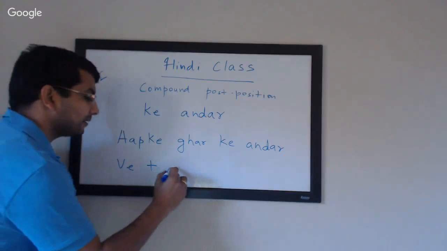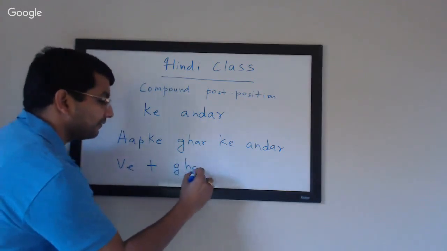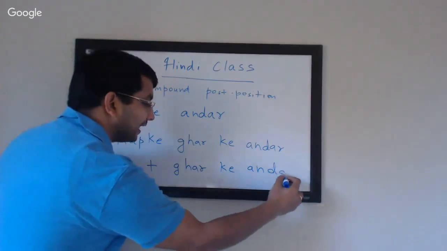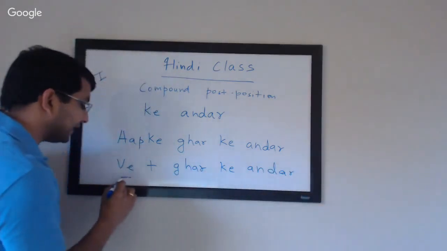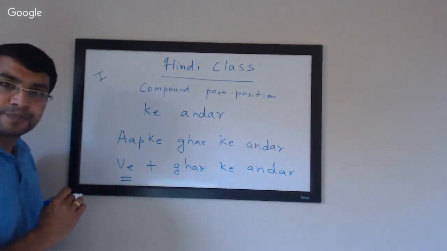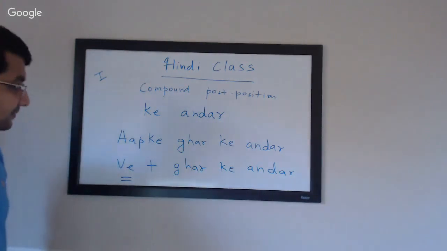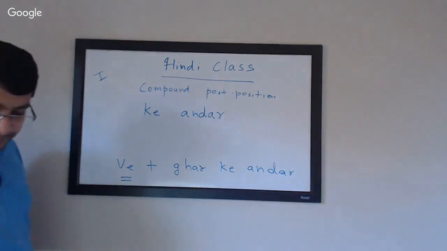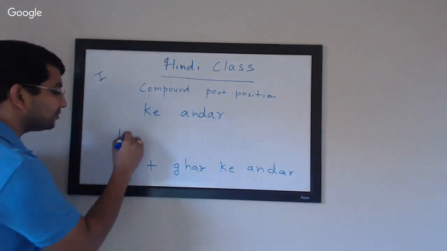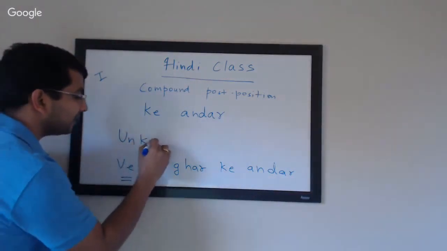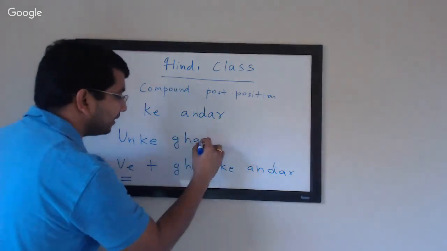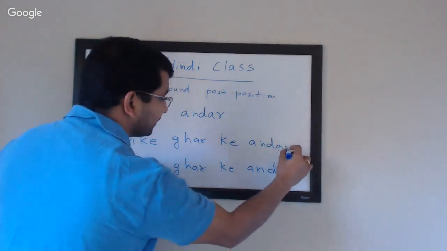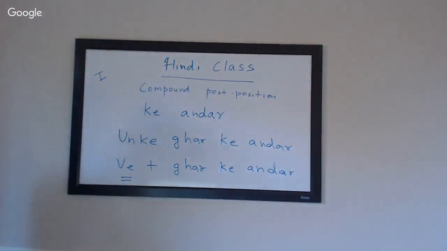When you add woh and then ghar ke andar, anyone can guess the oblique case of woh? Then it will become unke. So that changes to unke ghar ke andar, right? Unke ghar ke andar.